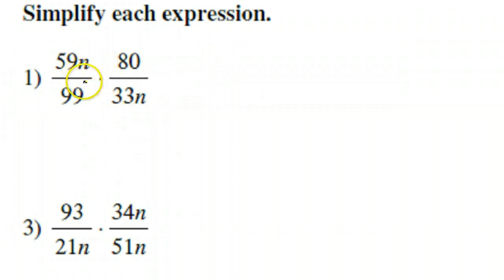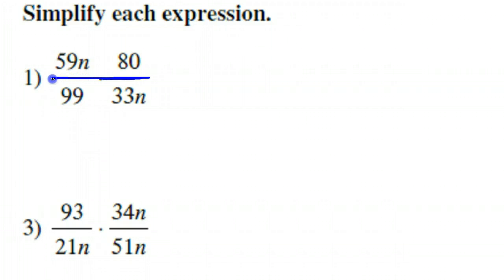Problem number 1. Well, notice that the n's are going to cancel each other out. There's something I'm taking for granted that you may or may not know. When you have two fractions that are being multiplied together like this, you can treat it like one big happy fraction.